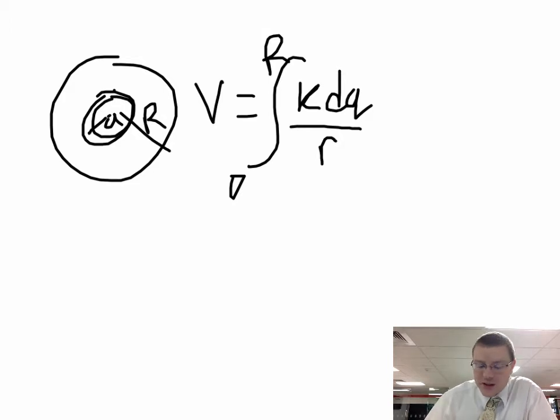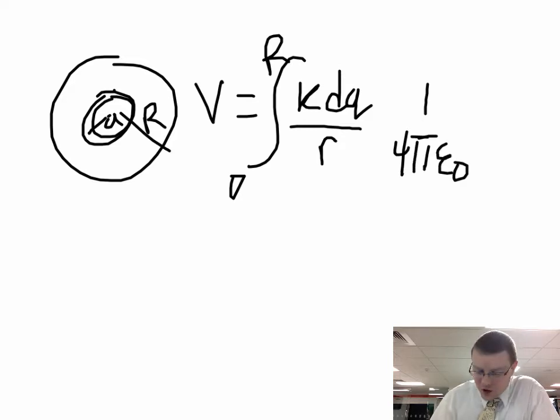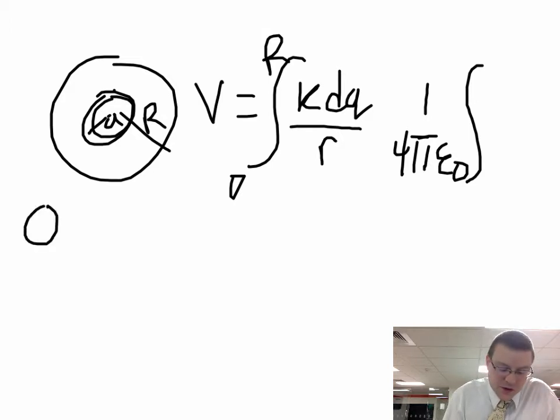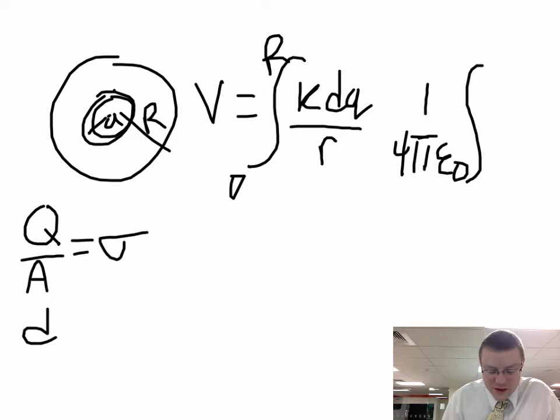So I can't pull out anything but my k value, which leaves behind a 1 over 4 pi epsilon 0. dq would be the charge on the surface area of a disk. So remember, charge per area is sigma. So dq would be my sigma dA.